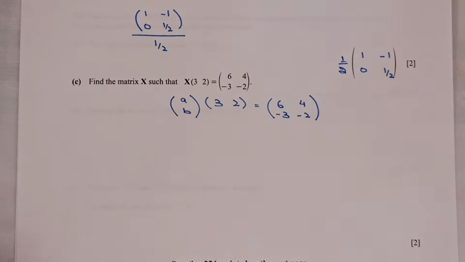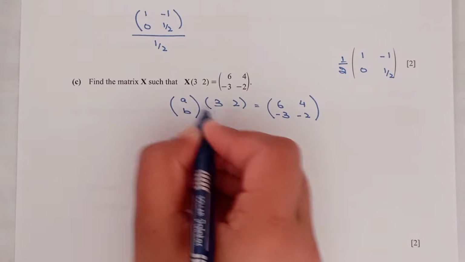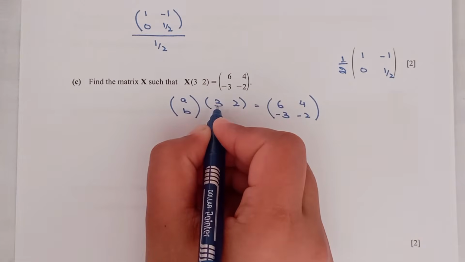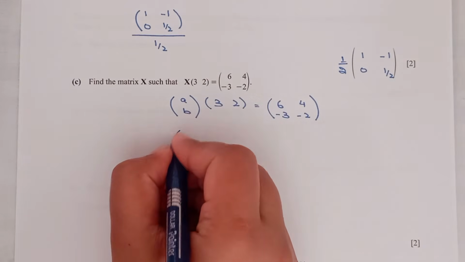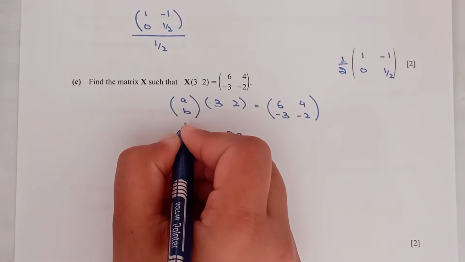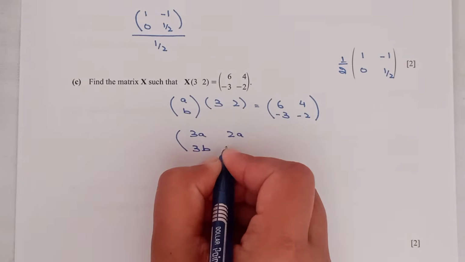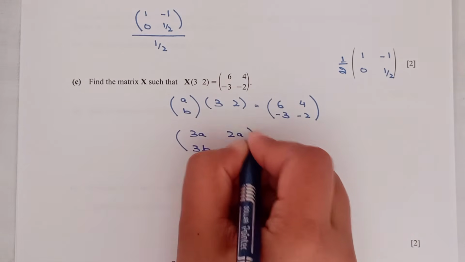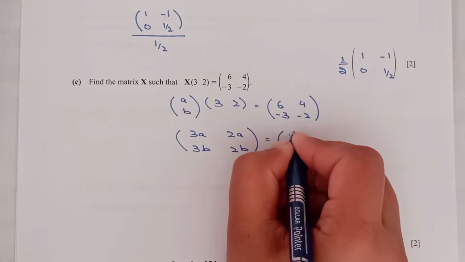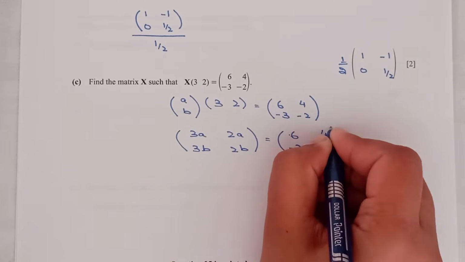Right? Okay, so rows are going to multiply with the column. So here we have a times 3 and a times 2. So we have 3a and 2a, and here we have 3b and 2b, and this would be equal to 6, minus 3, 4, and minus 2.